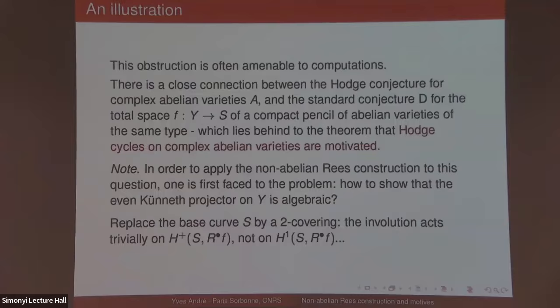This is used in the proof of Deligne's theorem that absolute Hodge cycles on abelian varieties are motivated. The construction behind it is to look at those compact pencils. But here one encounters again the question of the Picard projector.